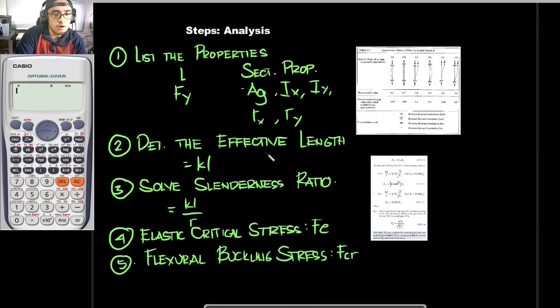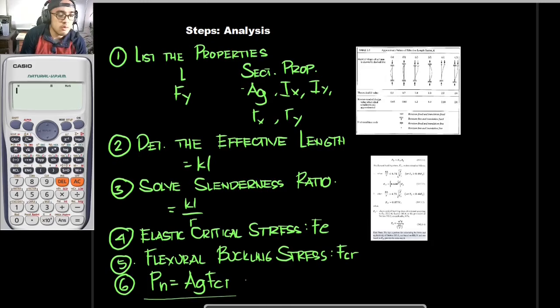And if you already have your value for FCR, you can actually get the value of Pn. So the nominal load is equal to Ag times FCR. Okay, so that would be your nominal load for your analysis problem.